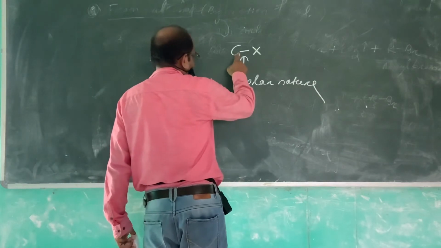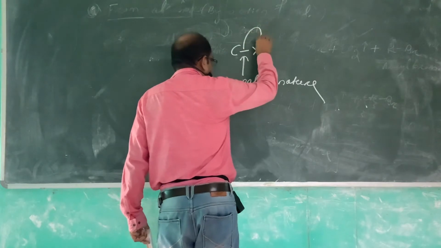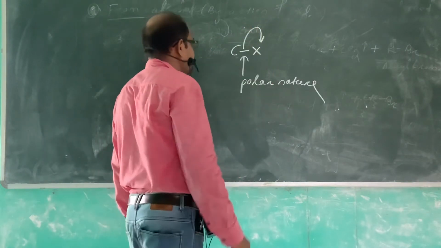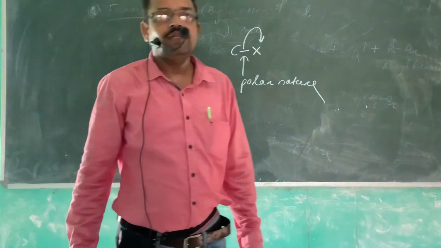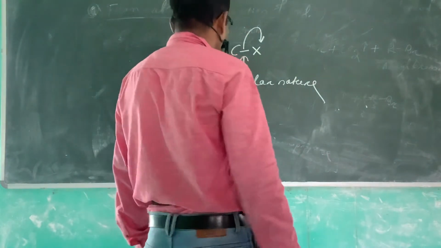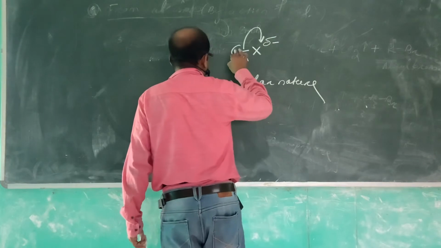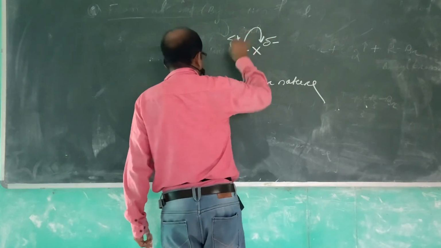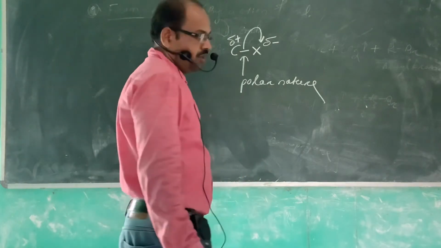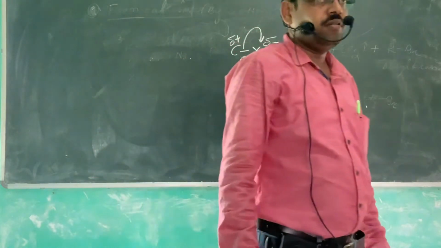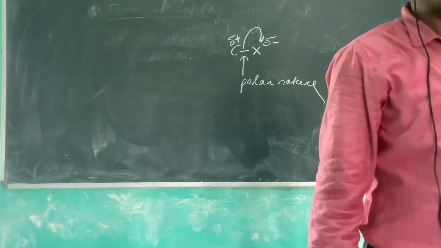The shared pair of electrons between carbon and halogen is shifted more towards the halogen atom, as halogens are more electronegative than carbon. That is why the halogen atom acquires a partial negative charge and the carbon atom acquires a partial positive charge. Due to this, alkyl halides are highly reactive in nature.